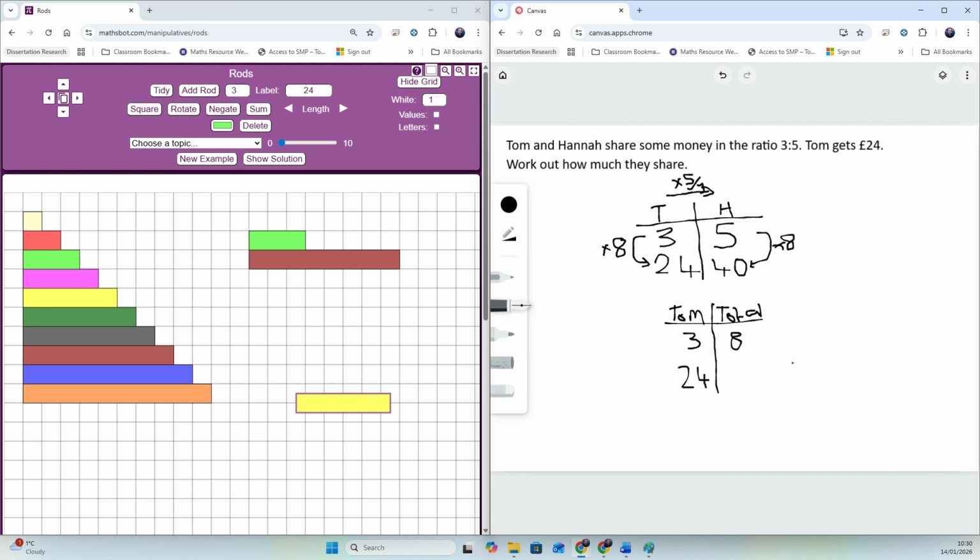And again, I can see the same scalar relationship now, that this still got 8 times bigger. And so this will still get 8 times bigger.